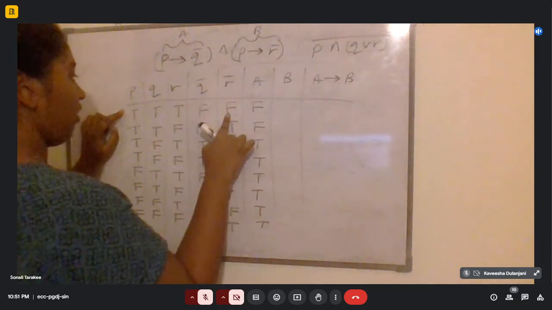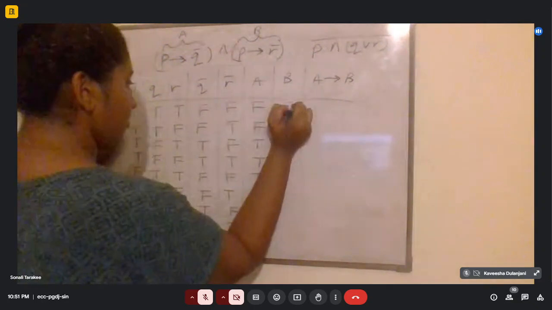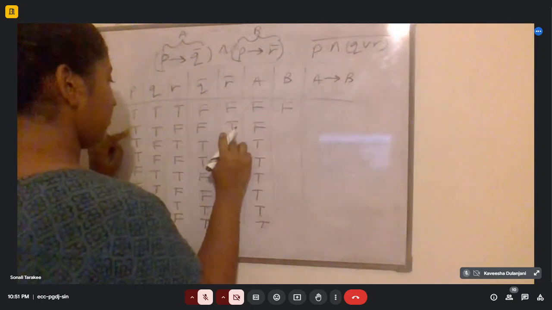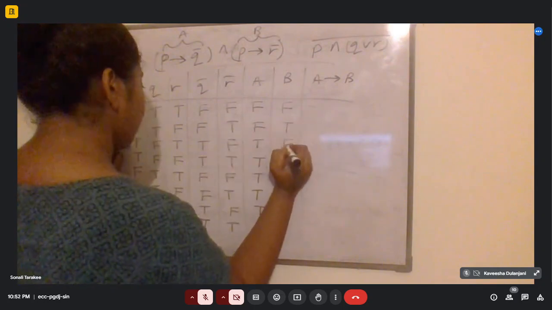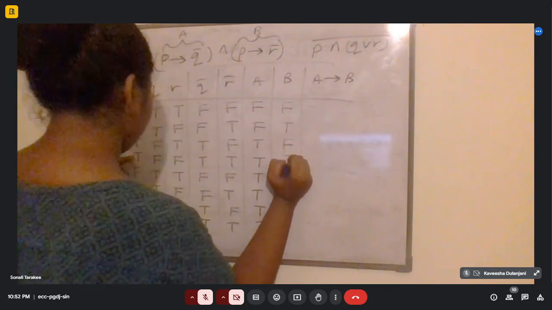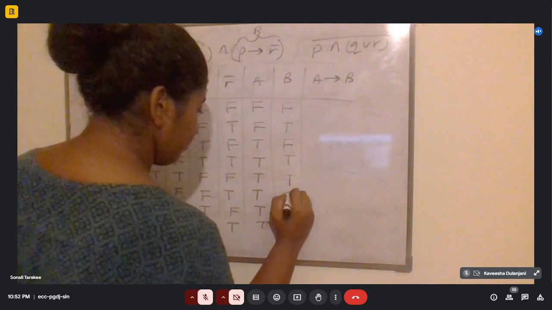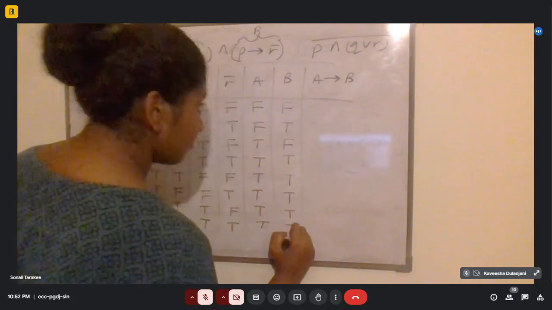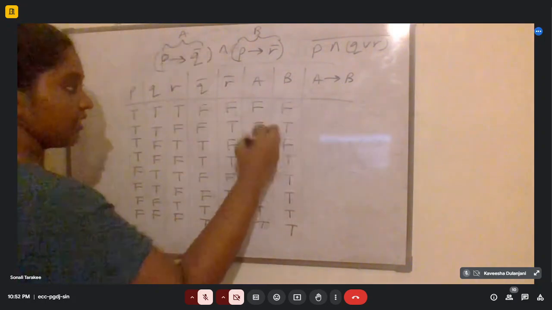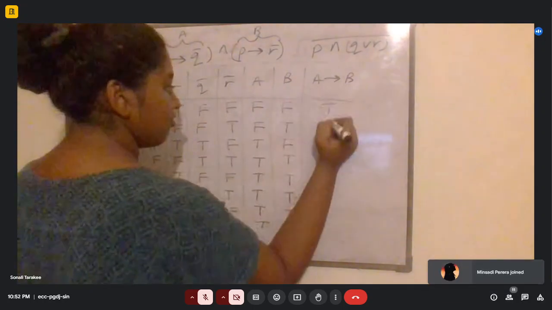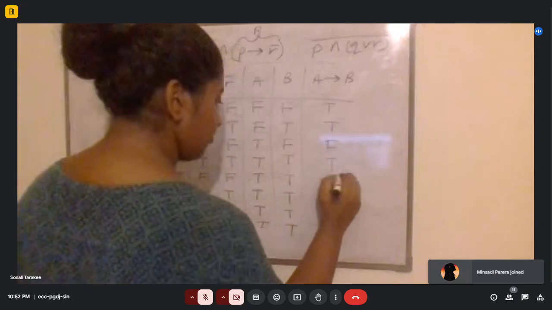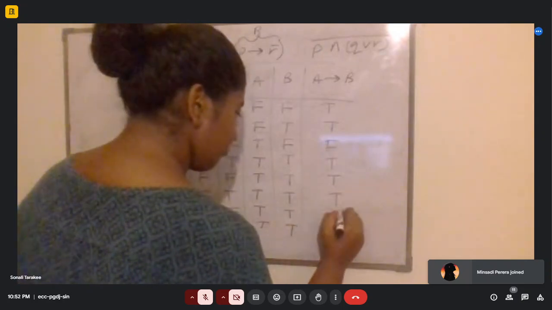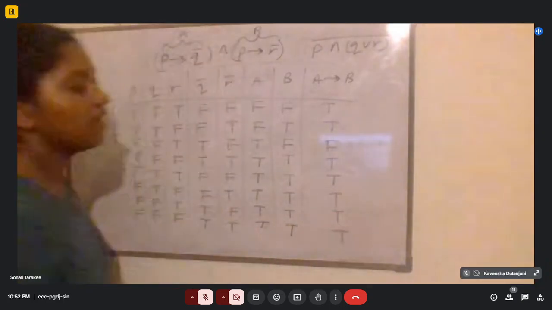So P goes to R bar, we get false, true, false, true, true, true, true. Now A goes to B. Here true, true, false, true, true, true. Like this.